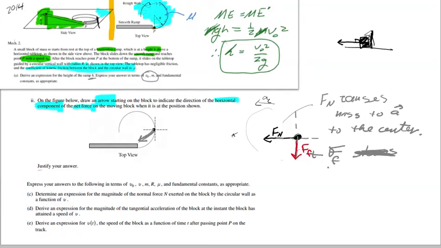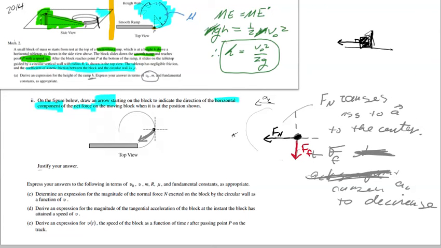Force of friction causes centripetal acceleration to decrease. That's what I would put. I think that's good enough for that. So I'm going to stop it right here and do a second part.